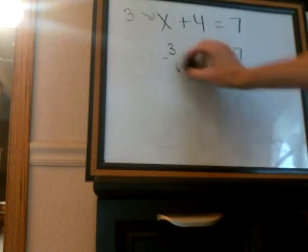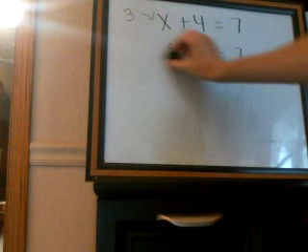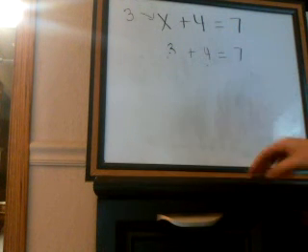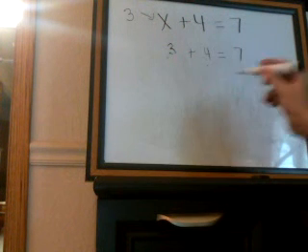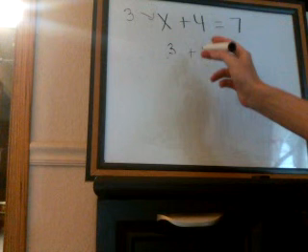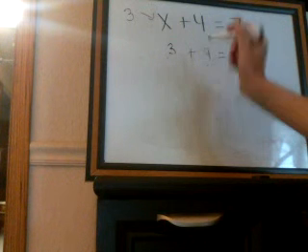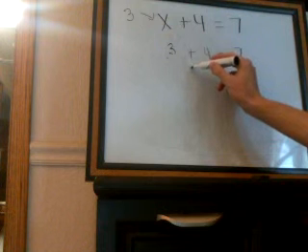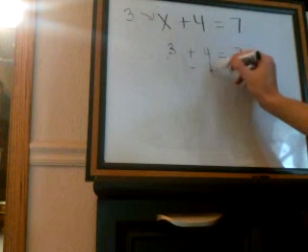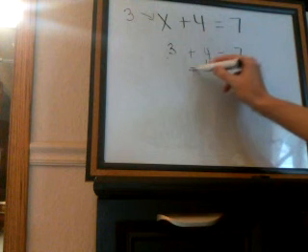Let's go back to where we have 3 plus 4 is equal to 7. What if we decide to subtract a number from just one of these two numbers on the left side? What if we decide to subtract 4 from the 4 right here?